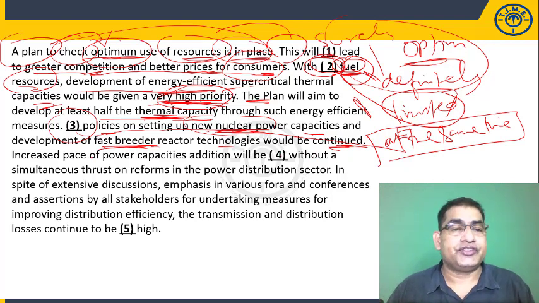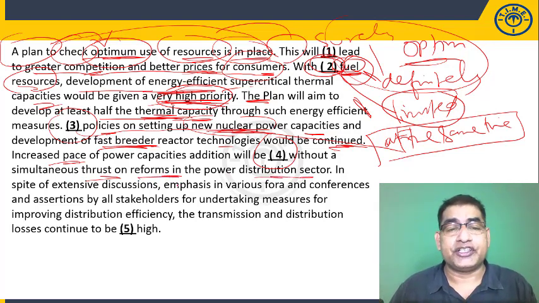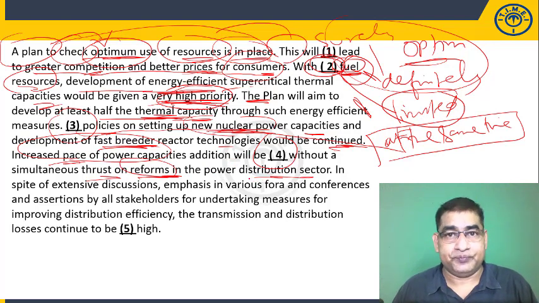Then the author says increased pace of power capacities addition will be dash without simultaneous thrust. Thrust means force or pressure on reforms in the power distribution sector. So apart from doing this, the author says reforms are also necessary, which means what should be in the fourth blank?